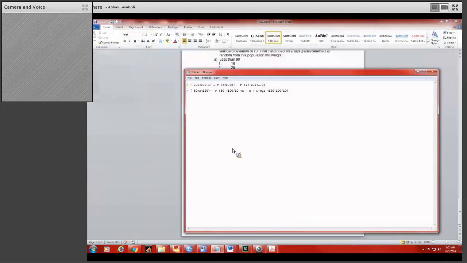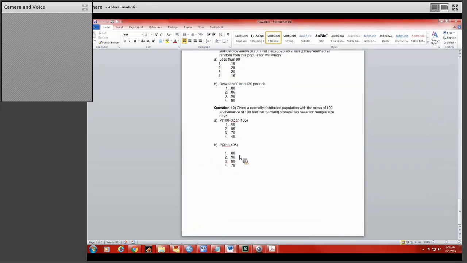Now problem 10 is similar to problem 9. The only thing here, we have n also. This is your mean, and these are actually x bar, not x, which is the mean for your sample. So you still have to convert it to Z. What you need to do is use the formula, which is x bar minus mu divided by sigma over the square root of n.